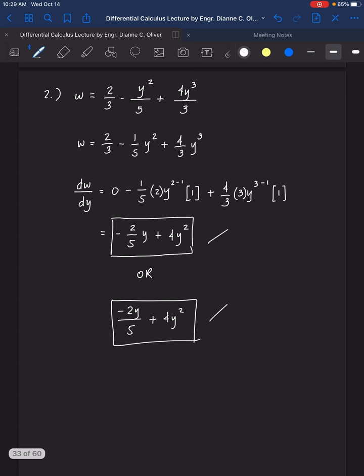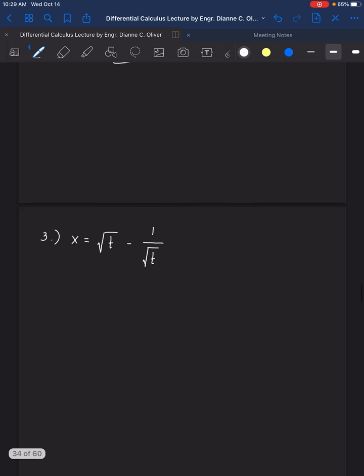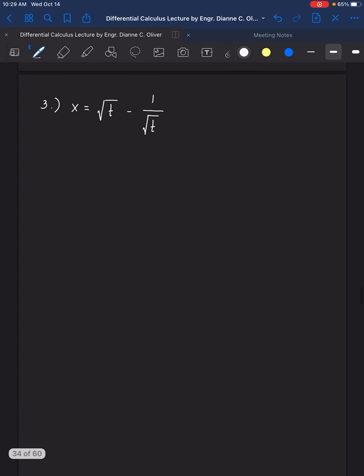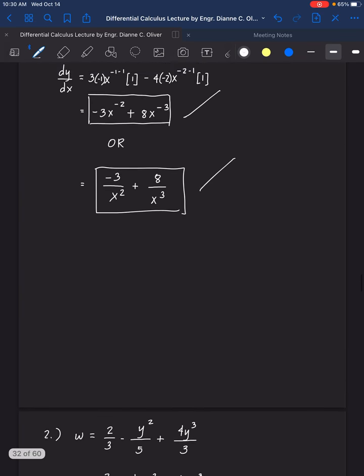Next, for number 3. So we will be proceeding for example number 3. So we are looking at a radical sign. So that will cause some to panic. But if we remember the pattern, as long as we can recall the pattern, then we are good to solve this one.